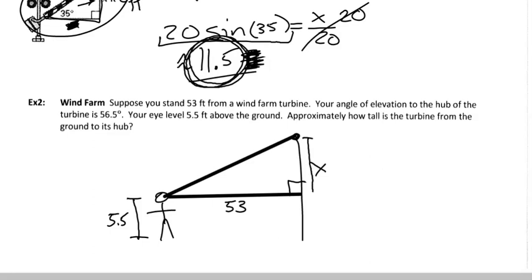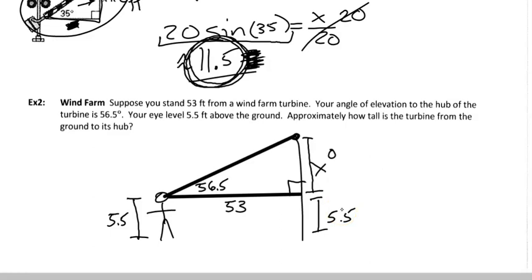This only tells us part of the height, and then we'll deal with the eye height in just a second. And it says that the angle of elevation is 56.5 degrees. So at this point, what you need to do is solve for x, and then remember that you still have the 5.5 feet that this triangle is hovering up in the air above.